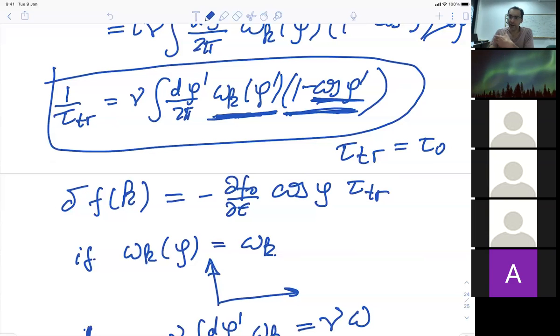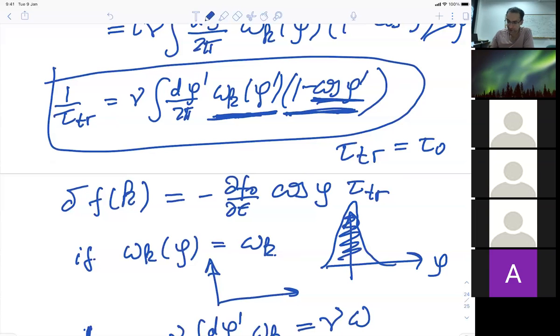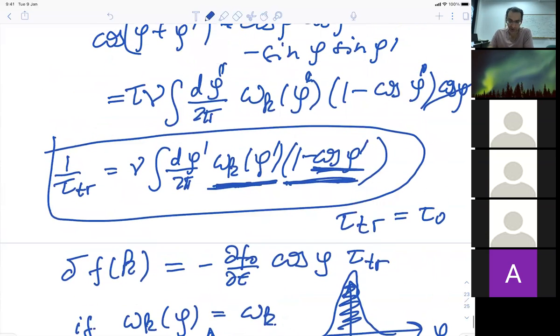If, on the other hand, the scattering probability W as a function of angle has a maximum at small angles, then the cosine makes a big difference and the transport time is much longer than the scattering time. And what this integral equation tells us is precisely this.